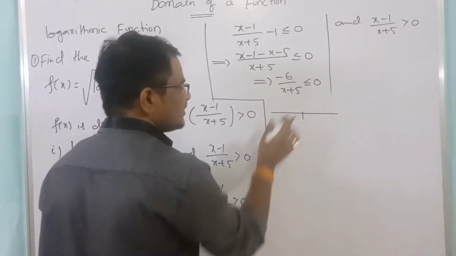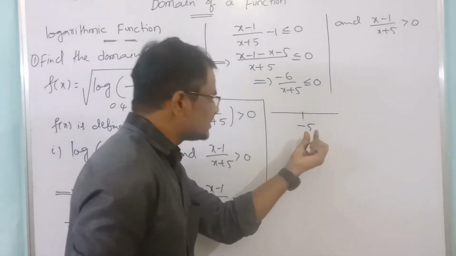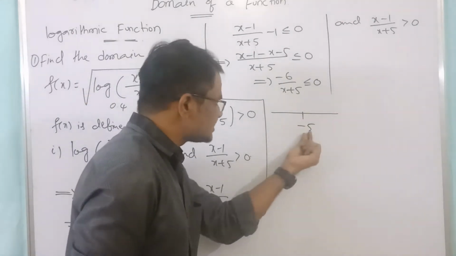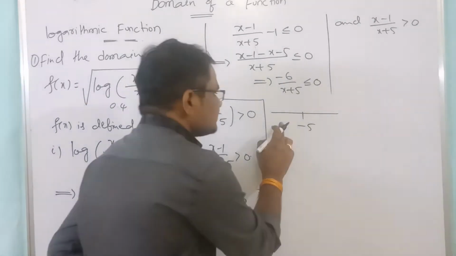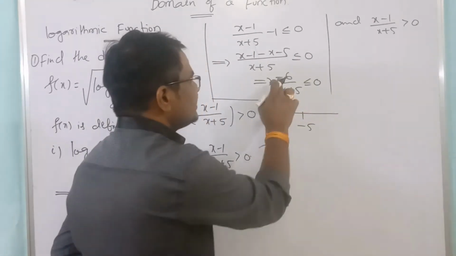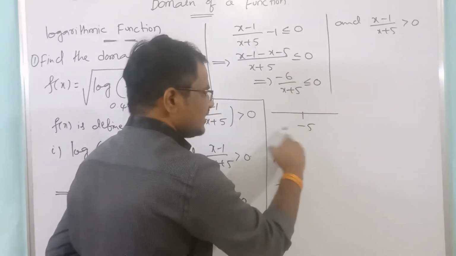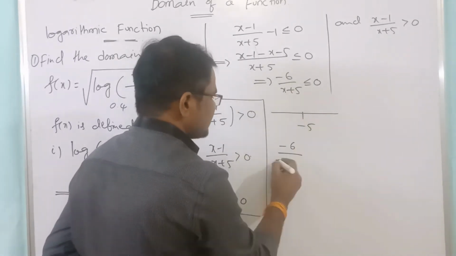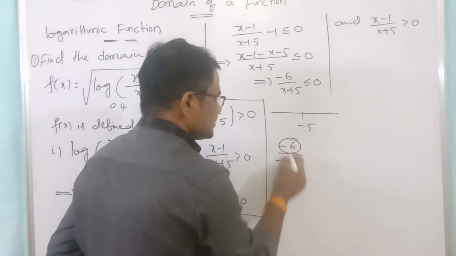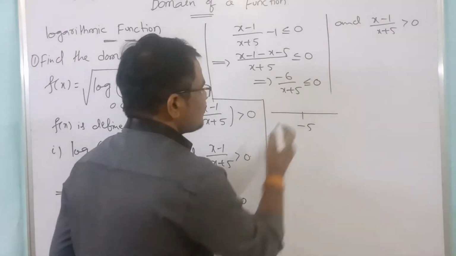Take the number line. What is the critical point here? Minus 5. Substitute any value less than minus 5, so here minus 6. If I substitute minus 6, minus 6 plus 5 is negative, and the numerator minus 6 is also negative. Negative by negative is positive.